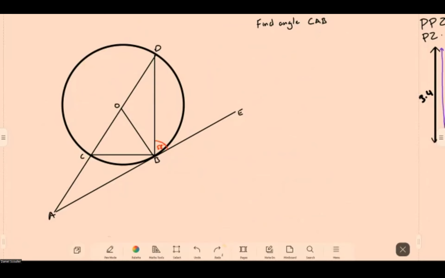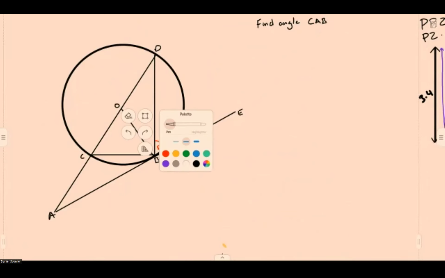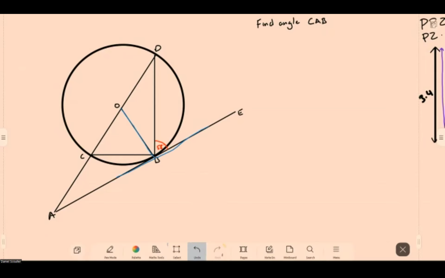The rule I'm hoping you know is that this O, centre of a circle to the outside edge, and the tangent creates a 90-degree angle. So O to E, that angle there, I've just drawn on, that's 90 degrees.